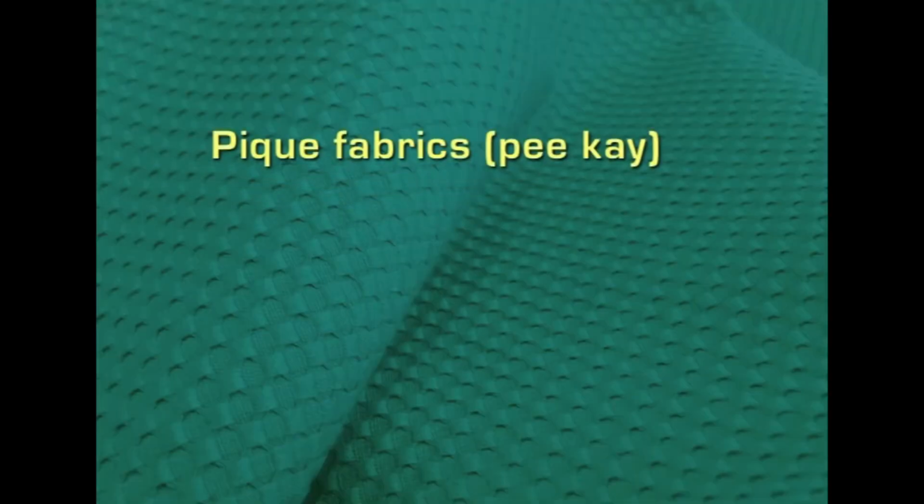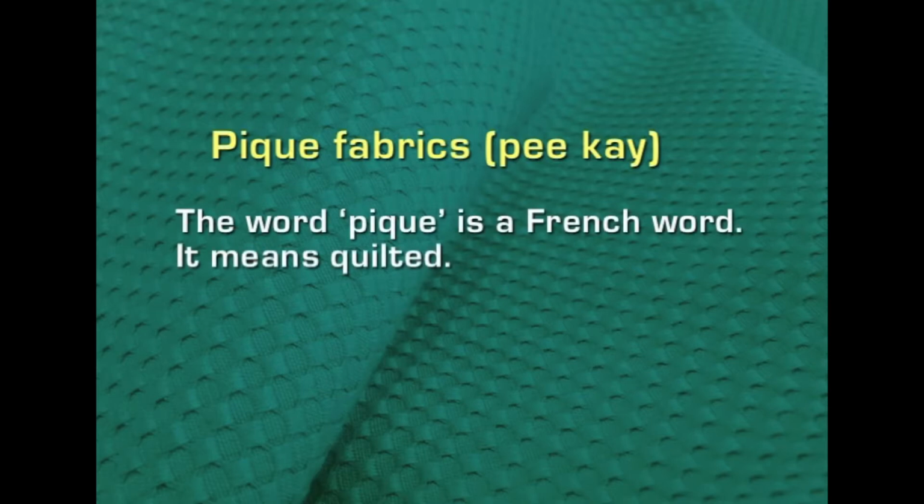In the next section, we are going to talk about pique fabrics. The word pique is a French word. It means quilted. The fabrics are soft and they have a raised surface, usually on the back of the fabric. Technically, pique fabrics show rounded cords or veils in the filling direction with pronounced sunken lines in between them.